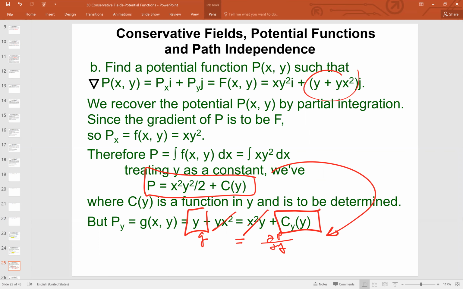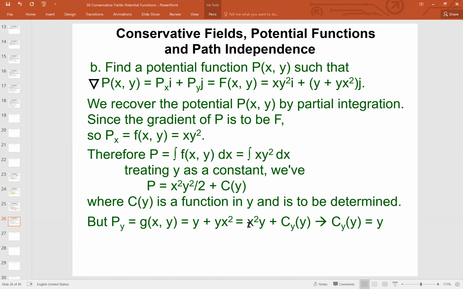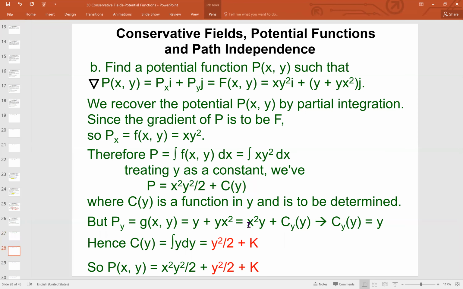So I know what the partial with respect to y of c is. Then integrate these with respect to y, I get what c is supposed to be. That's y squared over 2. Put the function c back into the p, then I recover the function p(x,y) up to a constant. Okay, so the trick's very easy.